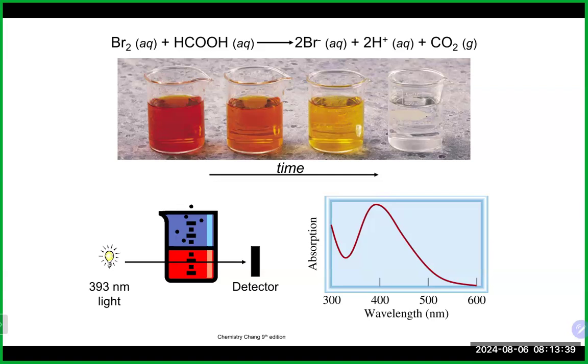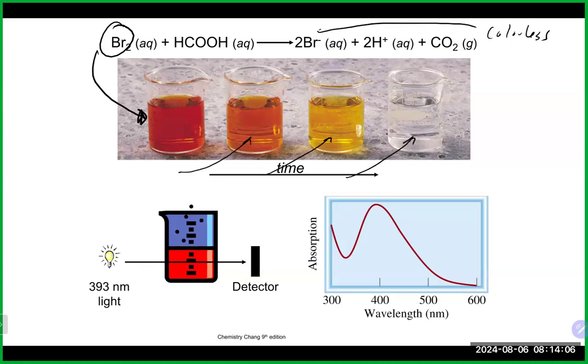In the example that we see here, it is the Br2 that basically has this color here. And obviously, with a lot of reactants present, we do see a much darker color of, say, orangey type color. And as the reaction proceeds to the product side, pretty much all these guys are colorless. And we start to see, obviously, the color of the solution starting to lighten to colorless there.